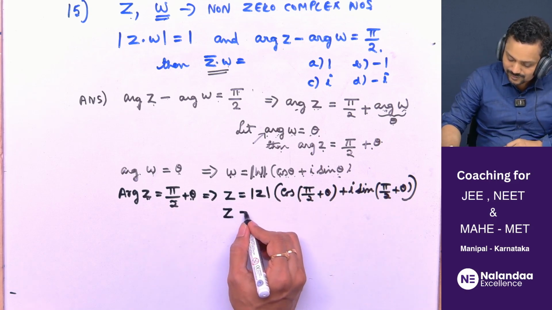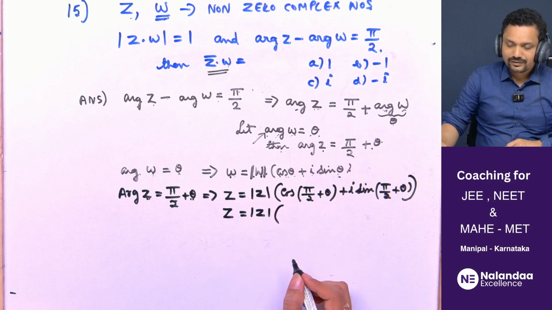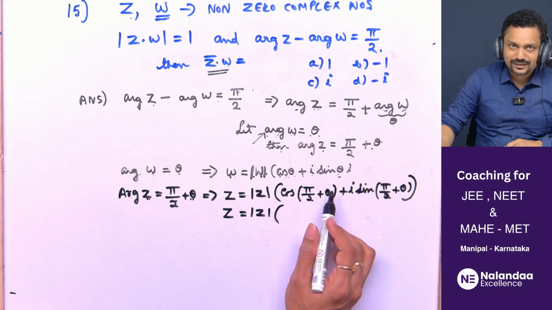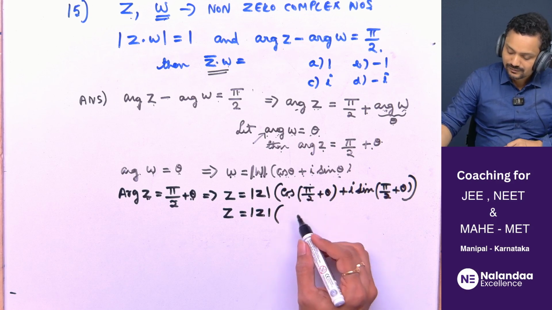And I suppose, students, you have finished trigonometry, and if you have finished allied angles, you have studied this. Whenever 90 comes here, the trigonometric function will change.